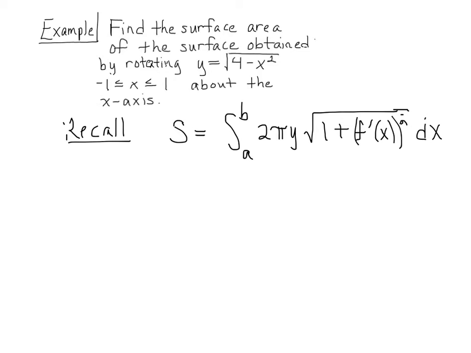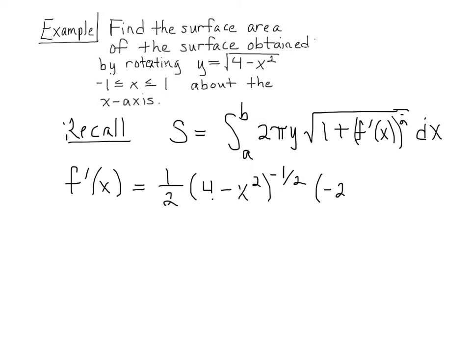So in our particular case, what is f prime of x? Well, it's 1/2 times 4 minus x squared to the negative 1/2, but we have to use the chain rule, so we get times negative 2x.